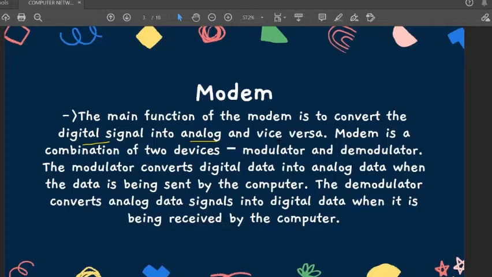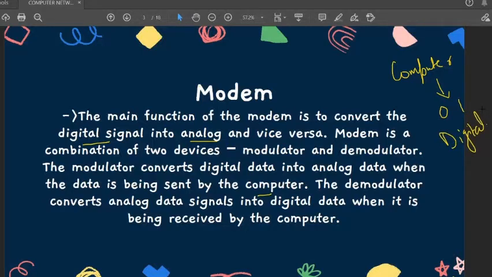The modulator converts digital data into analog data when the data is being sent by the computer. If we are sending something from a computer, you must know that the computer only knows 0 and 1, and it is digital data.